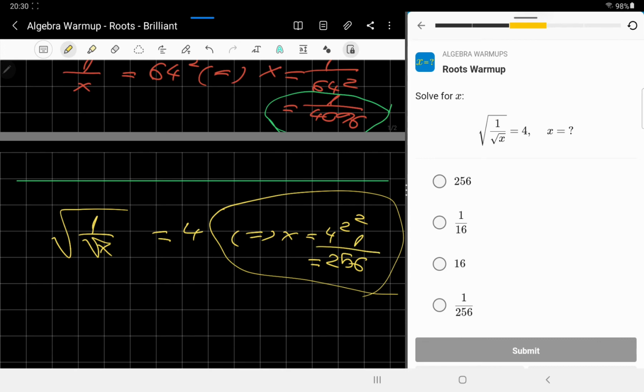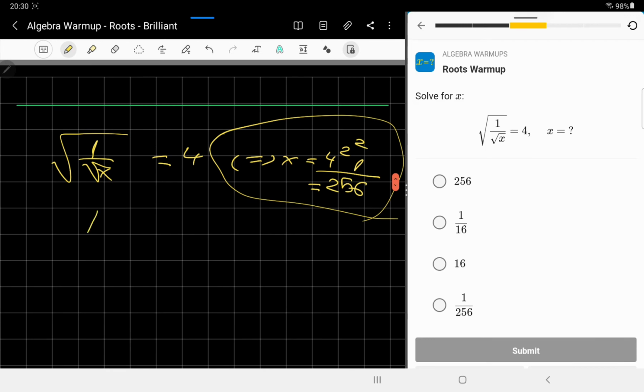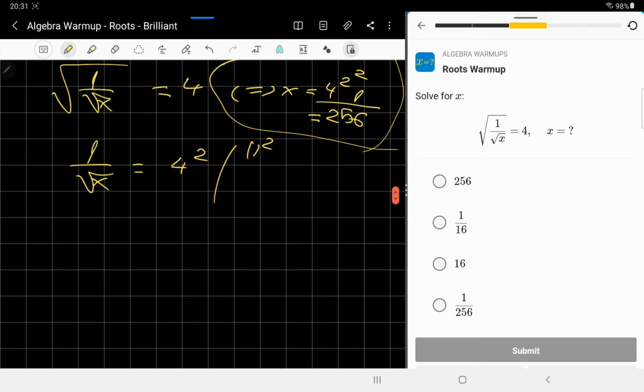As a shortcut, we can simply square once, so 1 over the square root of x equals 4 squared, and then square one more time, so 1 over x equals 4 to the power of 4.